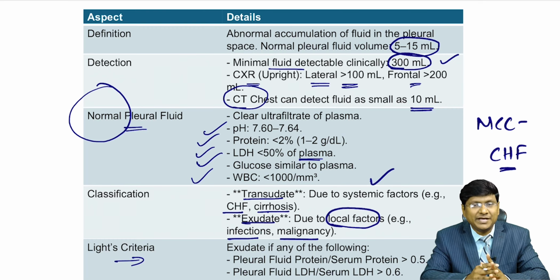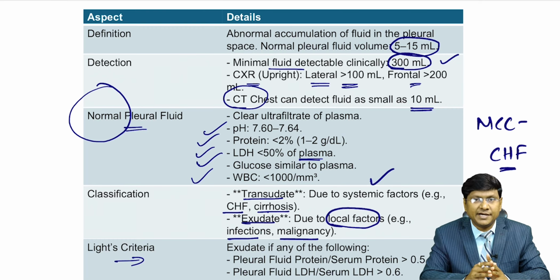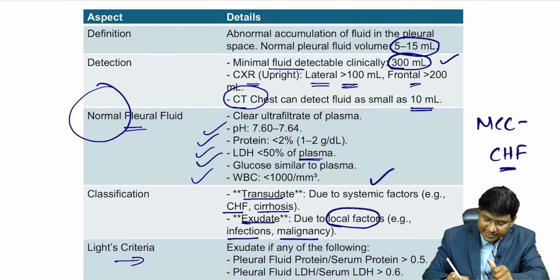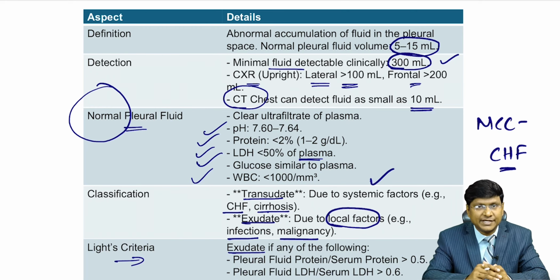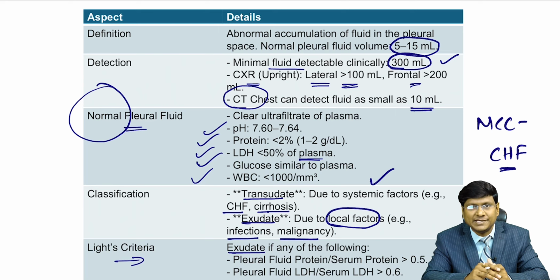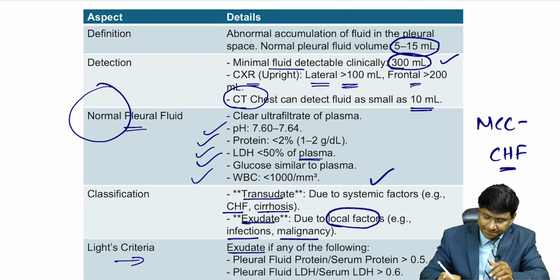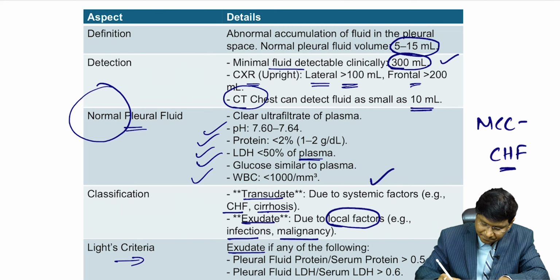Now, you need to be completely aware of an important criteria to tell it is an exudative type of pleural effusion, and that is called the Light's criteria. So if you take the Light's criteria, it is considered as exudate if any one of the following is positive. Number one, the pleural fluid protein content should be more than 3 grams per deciliter, right?